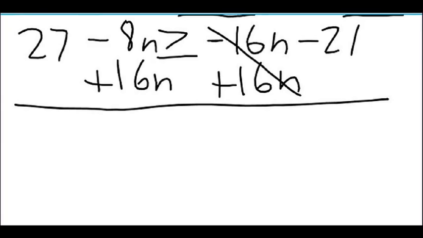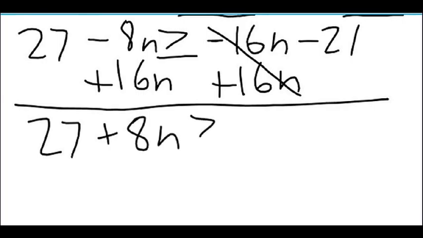Here I have 27 plus 8n is greater than or equal to -21. Now I want to cancel out the 27 term, so I'm going to subtract 27 from both sides.